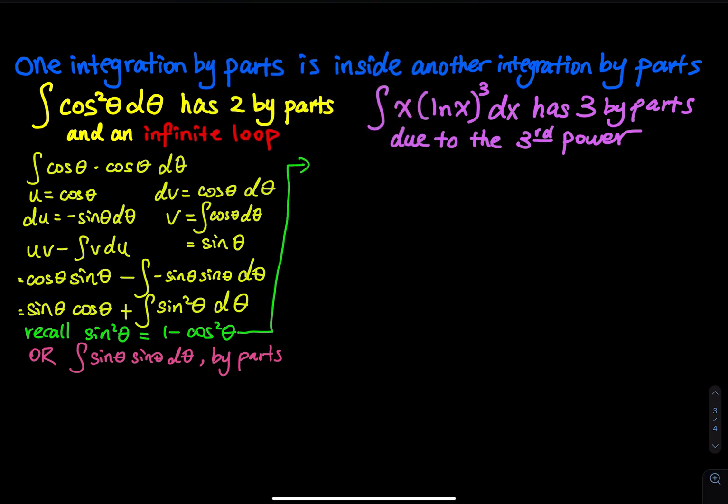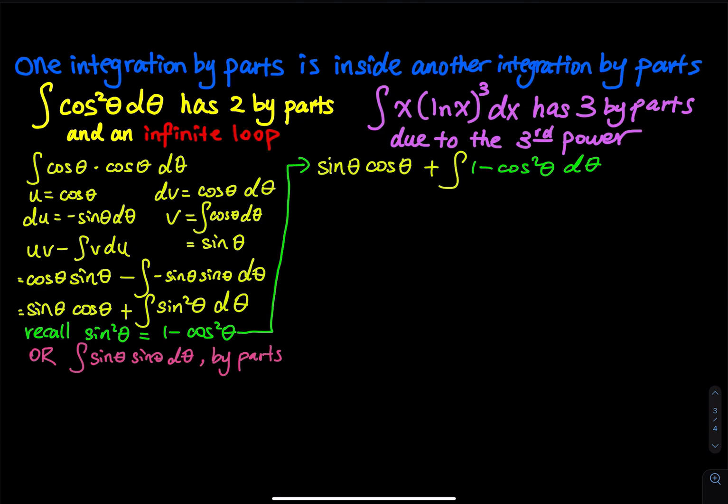So what we are going to get next is sine times cosine. Let's follow the color code. We have sine of theta times cosine of theta, and then plus the integral of 1 minus cosine squared theta d theta. What is that equal to?